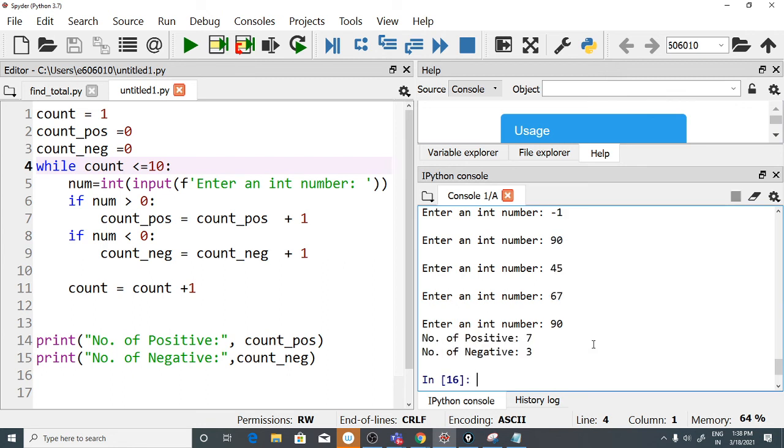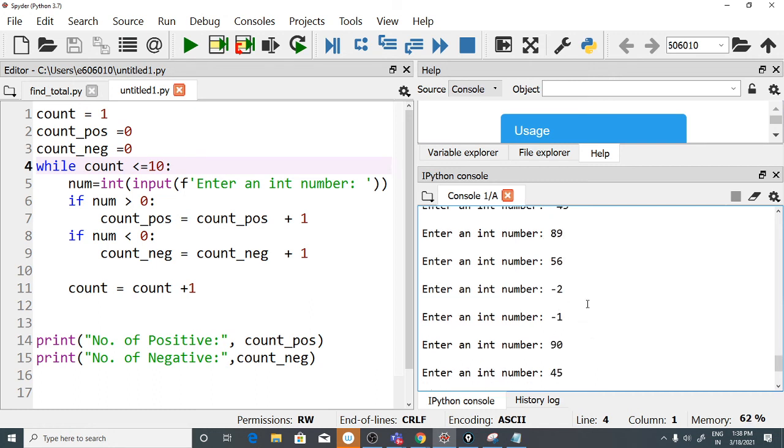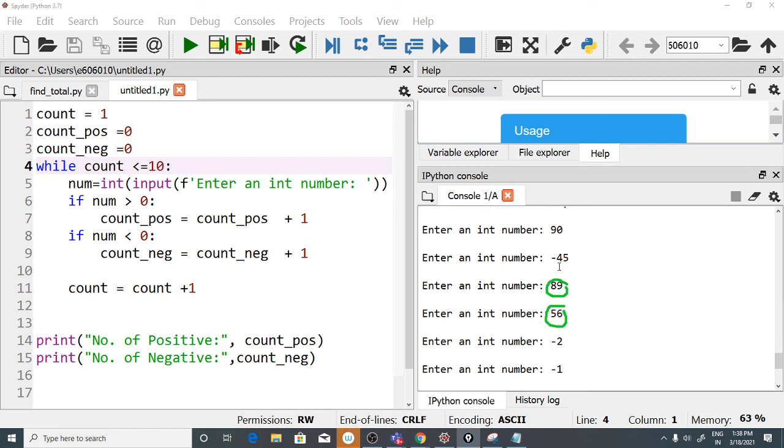Yeah, see here, number of positive is 7, number of negative is 3. Look here, these all are negative numbers. The 3 are negative numbers, that's why it gives 3.